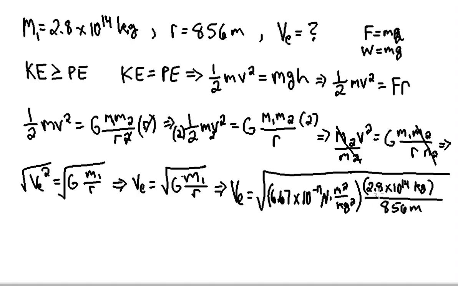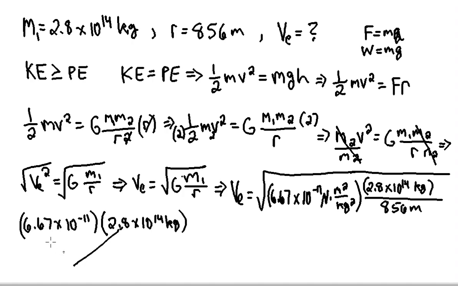Okay, so we need to work with this stuff here. Let's just bring this scientific notation. 6.67 times 10 to the negative 11. We're just going to deal with the numbers. Forget about the units for now. Multiplied by 2.8 times 10 to the 14. So we'll deal with these numbers out front and then these numbers second.